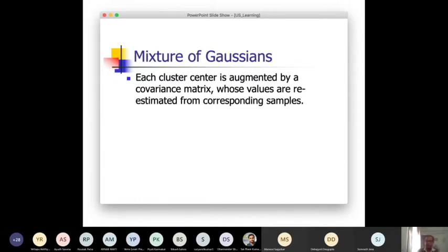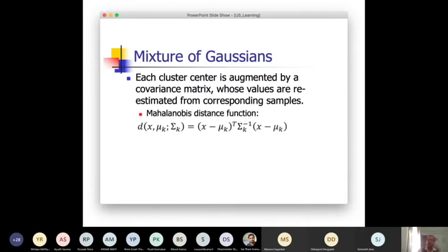But we have not considered any estimation of the covariance matrix, because we considered the covariance matrix to be the same for every cluster, and we used the Euclidean distance function. But in this case, there is a distance function called Mahalanobis distance, where you can consider the distance between the feature vectors of different groups. You can normalize them using this covariance matrix, and that could be useful here also.